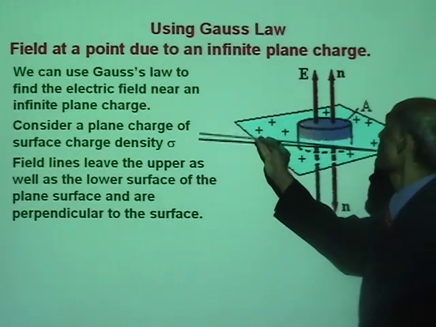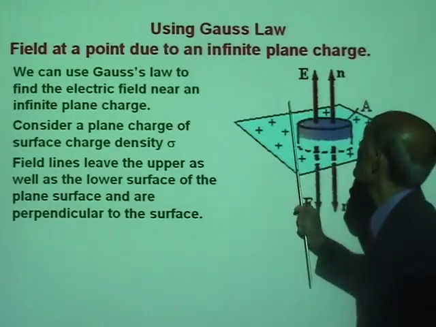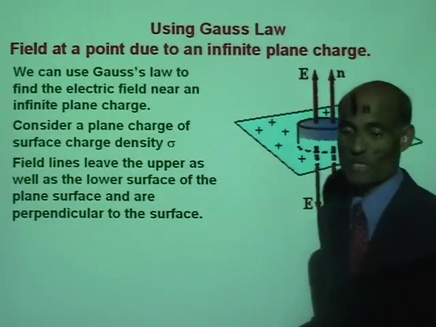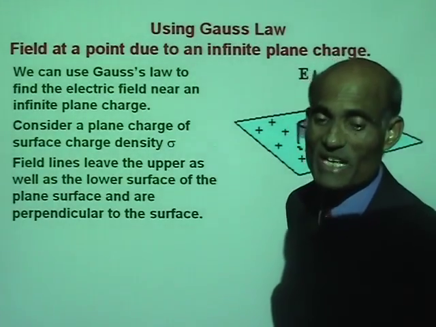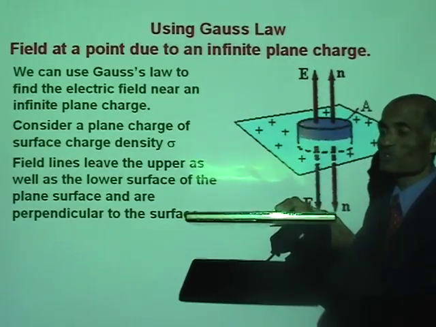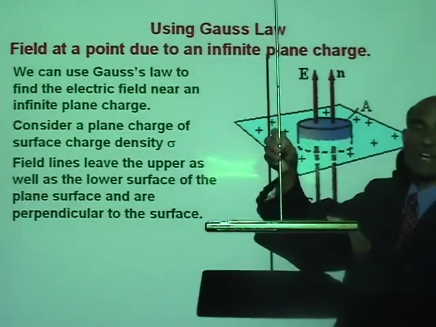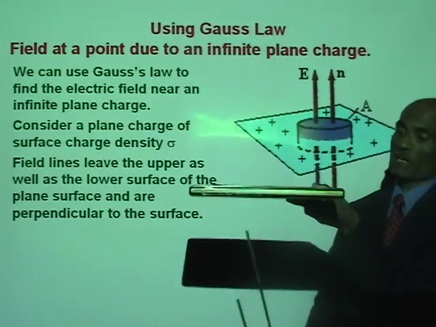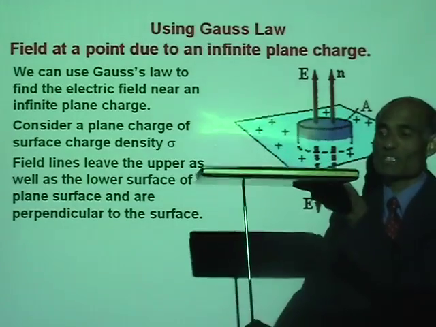Because the charge carried by this plane surface is positive, there are field lines leaving the upper surface upward and leaving the lower surface downward.